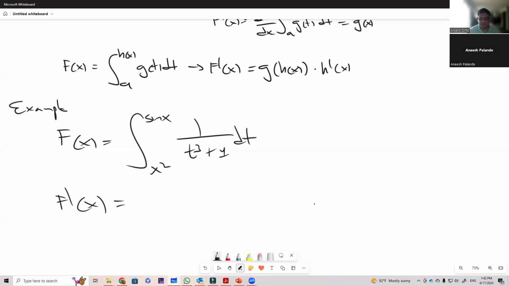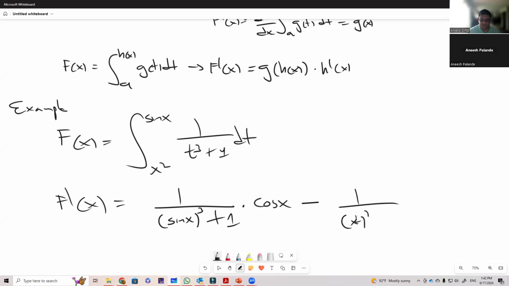And f prime is just the function inside, plugging in whatever the limit of integration is, and multiplying by the chain rule, the derivative of the limit of integration, minus, and then plug in the other function and multiply by the chain rule here.